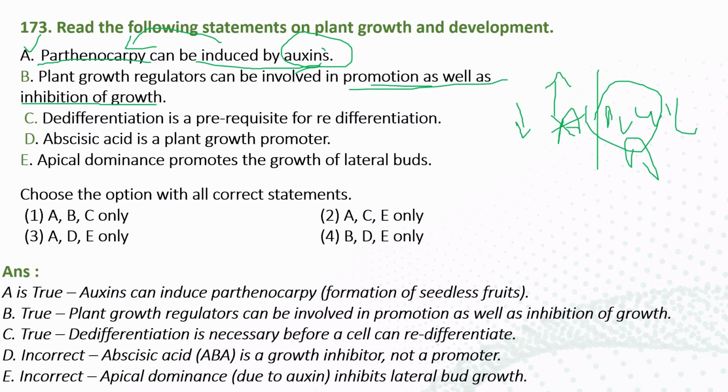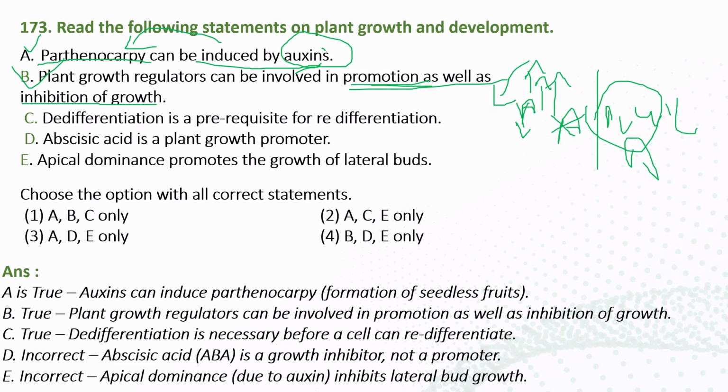If you eat more, your stomach will get upset, and you will have a vomiting sensation or like that, means you will suffer. Like that only, when the auxins are needed, then only they are produced. If they are produced in more amounts also, it will show the reverse reaction. So that's why they are also involved in promotion and inhibition of growth. Okay, this is also right about the plant growth regulators.